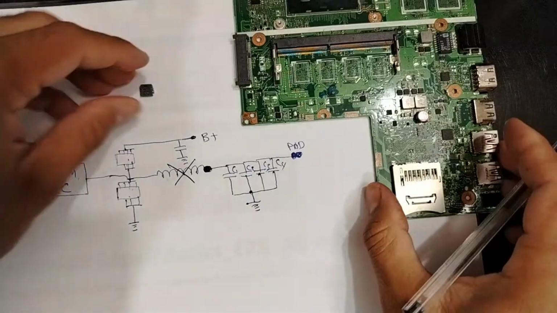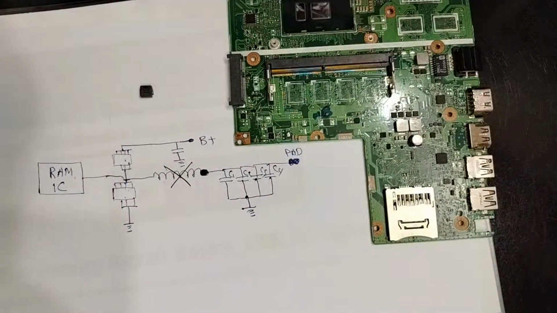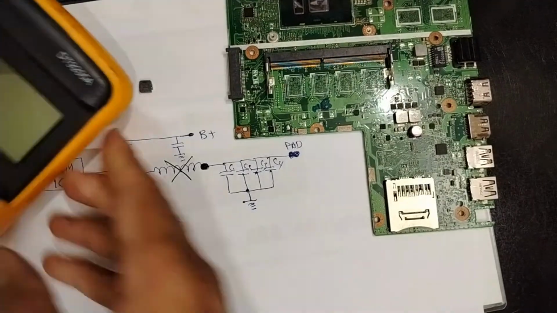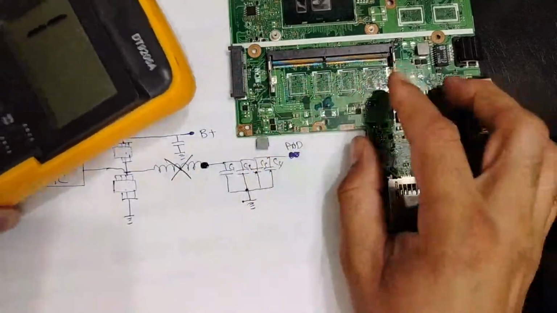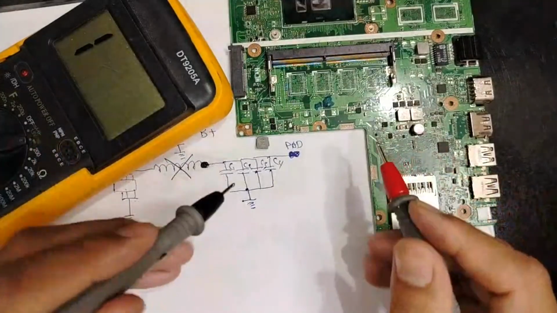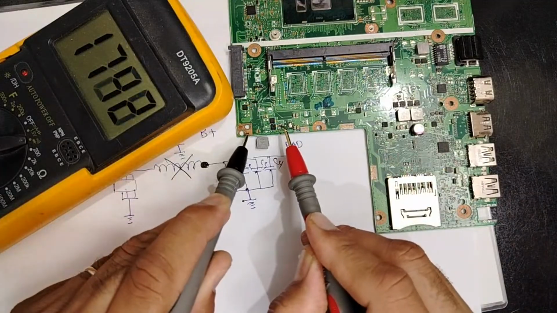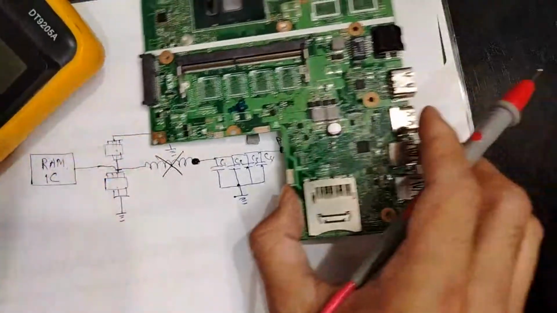Okay, my friends, as you can see using the multimeter. Where is the multimeter? Here is the multimeter. This is our friend here, the multimeter. The black probe on the ground. If I check here, the short is gone.